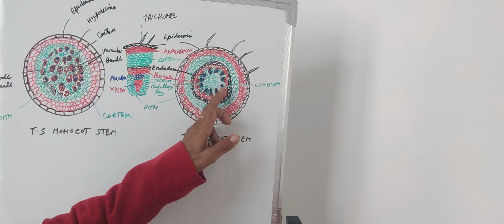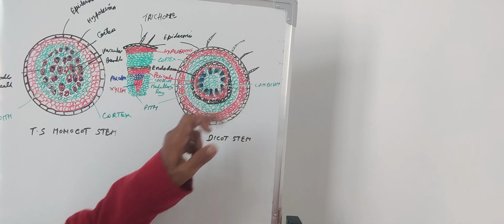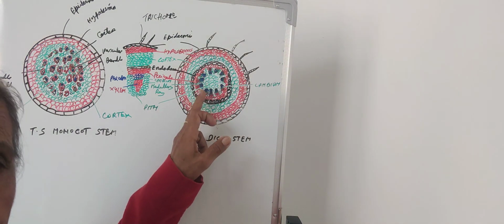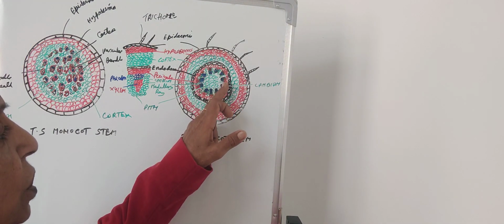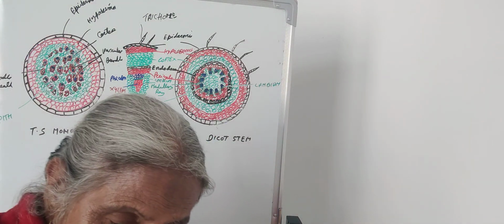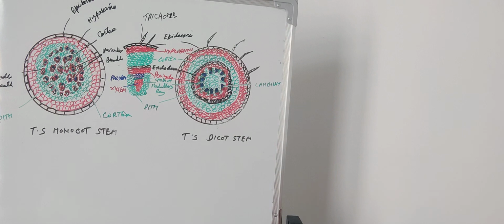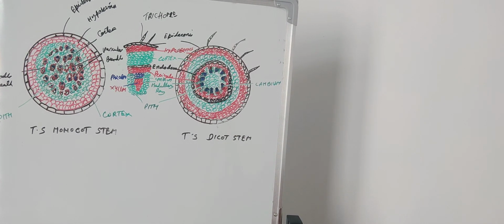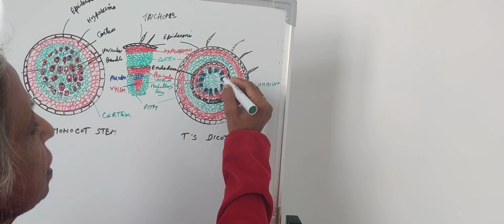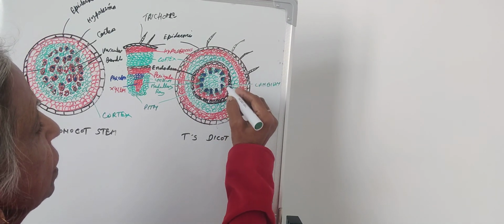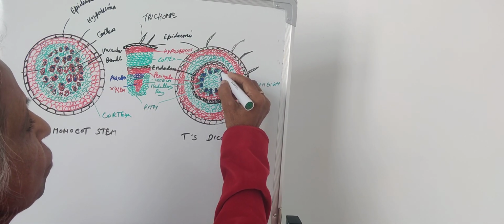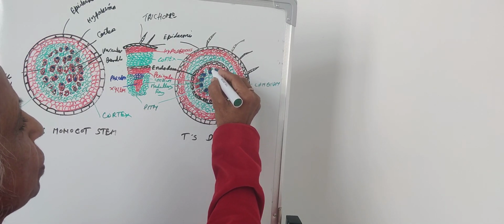In addition to this, the cells of the medullary rays in between the bundles de-differentiate and a small cambial strip is formed. These medullary ray cells get de-differentiated and form small cambial strips.